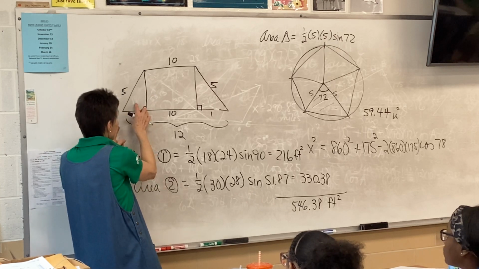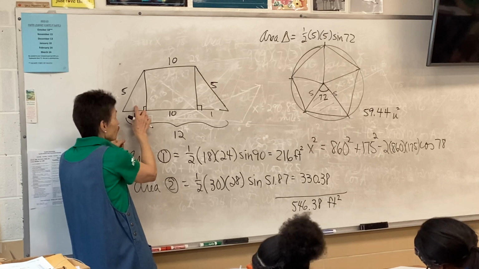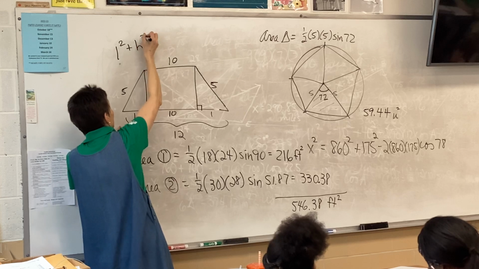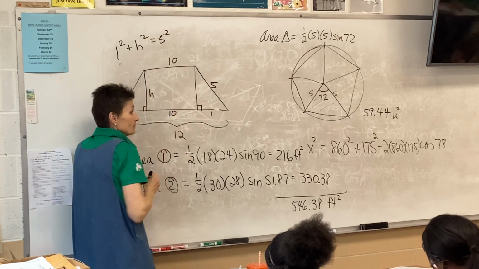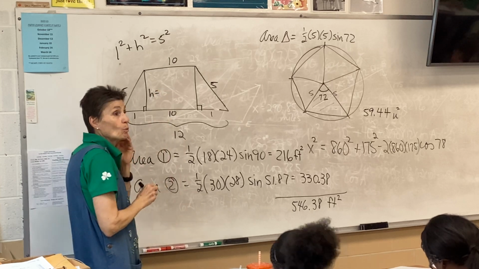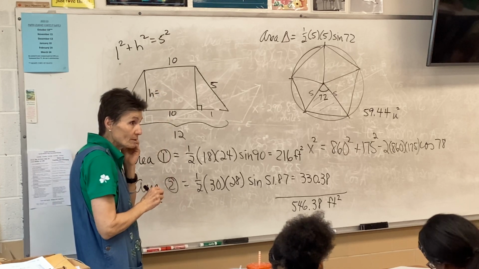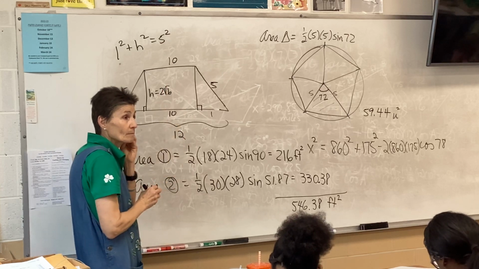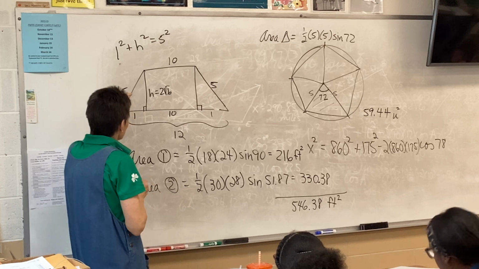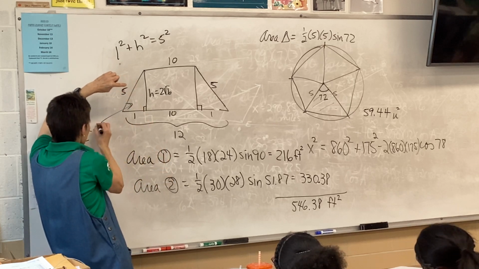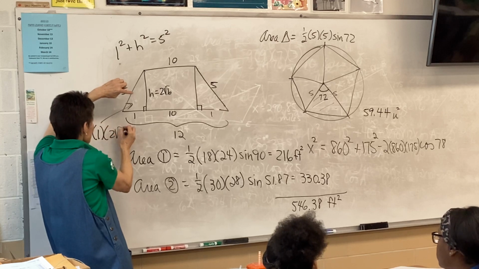Okay, this is a right triangle. So 1 squared plus, I'll call that h squared, equals 5 squared. So h will be the square root of 24, or 2 root 6. The area of the triangle is 1/2 base times height.